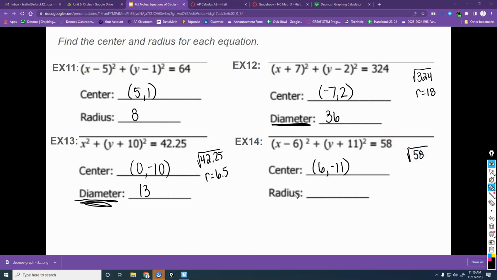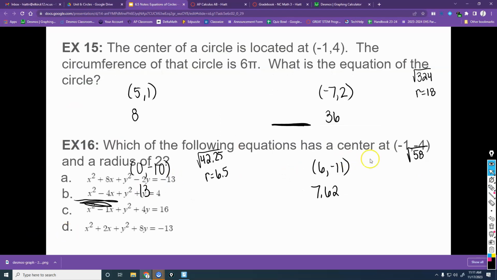That one I think is going to give me a decimal. 7.62. So we'll just type that into our calculator and do square root. Okay, questions? You can also graph these and count it. Some of them may not be whole numbers, so you might have to estimate if you do that for those. Okay? All right.